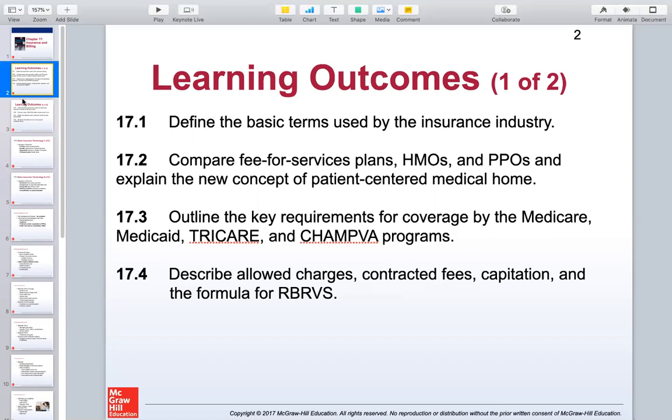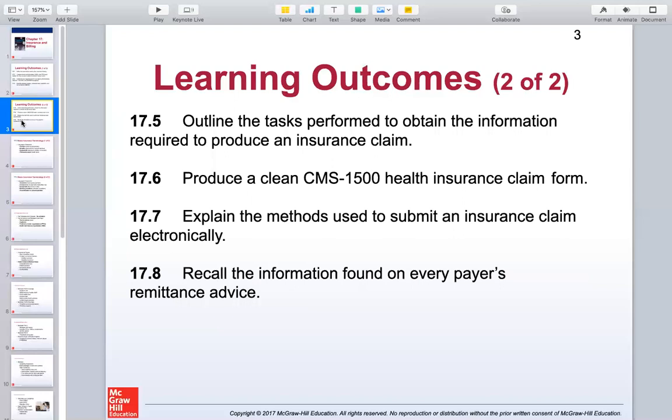And then of course we will also discuss what is called the RBRVS, which is just the formula used to determine reimbursement rates according to Medicare and other insurance guidelines. Okay. We'll also discuss what information we need to include when submitting an insurance claim, how to produce a clean Center for Medicare Services 1500 health insurance claim form, which is basically the HCPCS form.